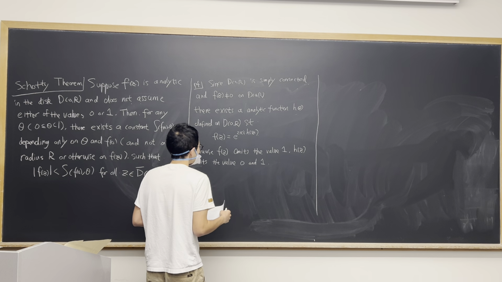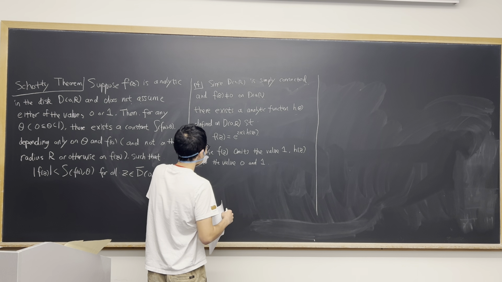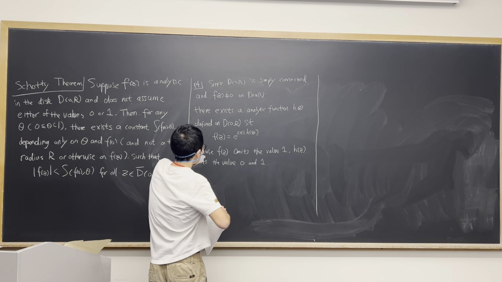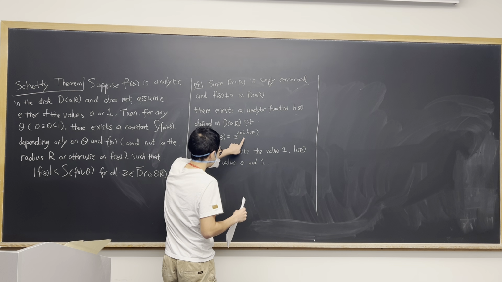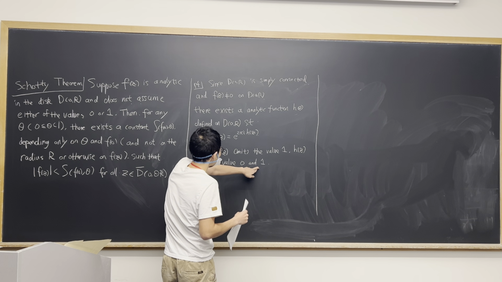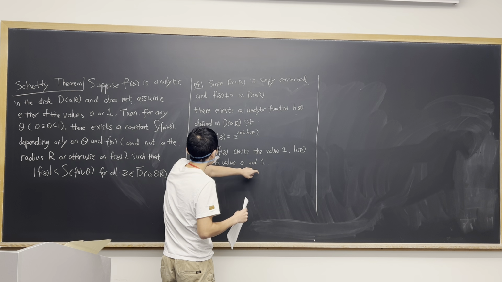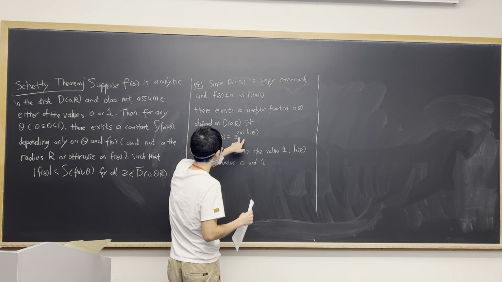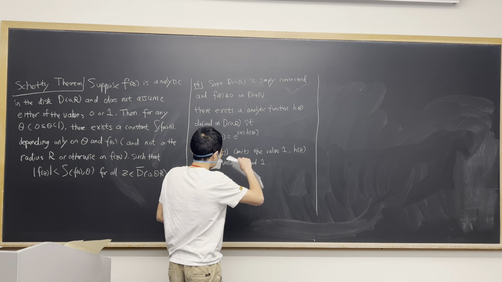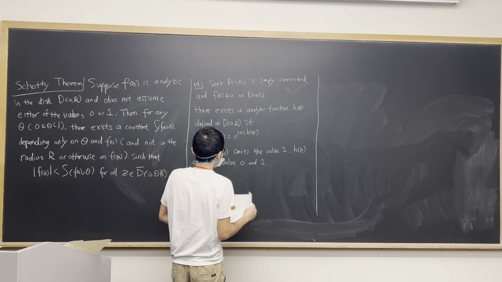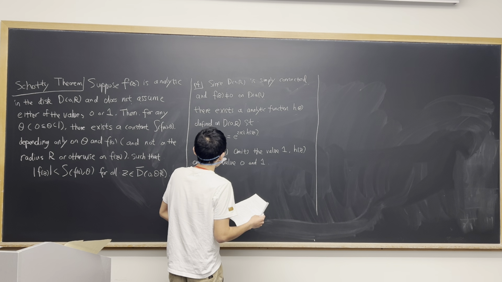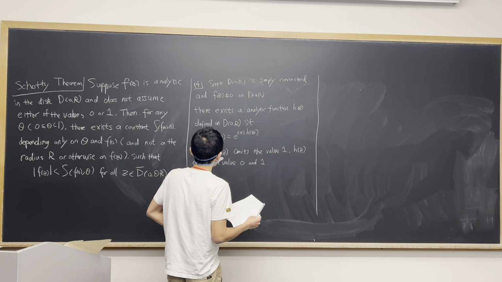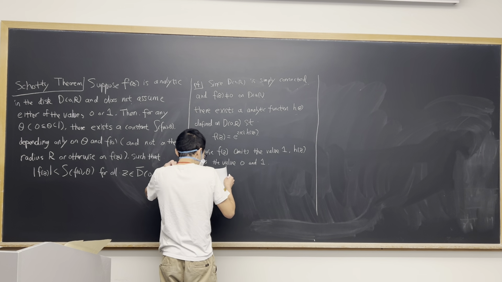Okay. Yes, because when h(z) equals 0, we have e to the 0, which is 1. And when h(z) equals 1, you get e to the 2 pi i, which is just a 360 degree rotation and you get back to 1. So I think it's true. Okay, so let's just forget about everything else.